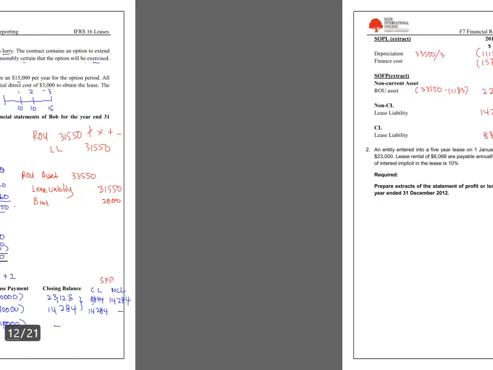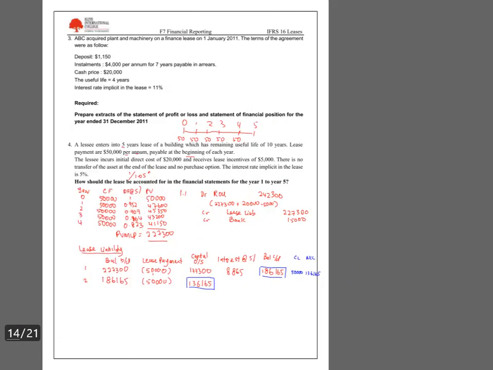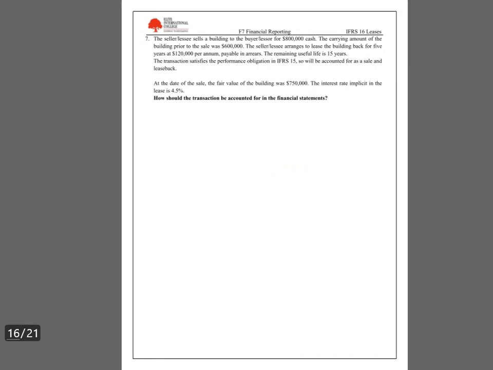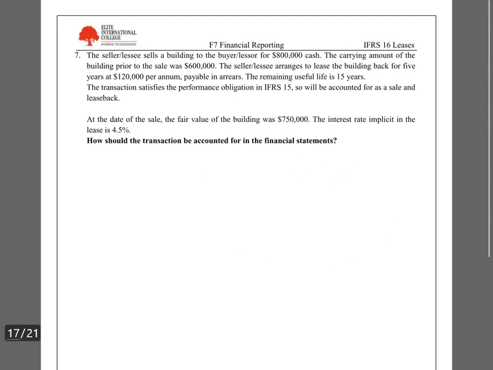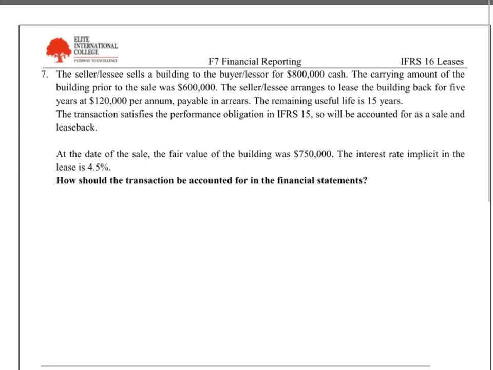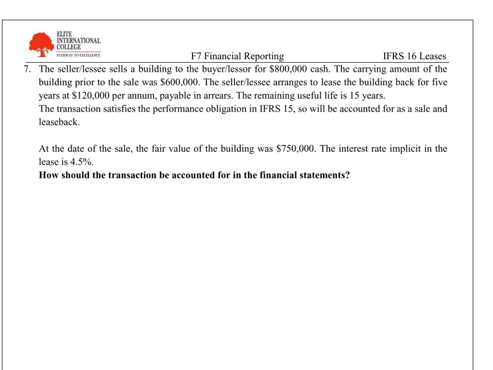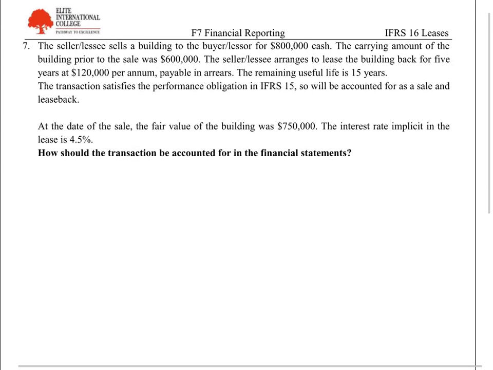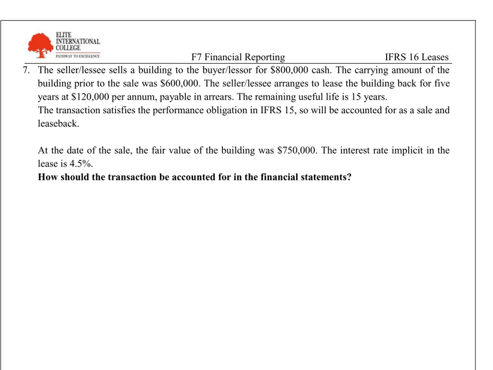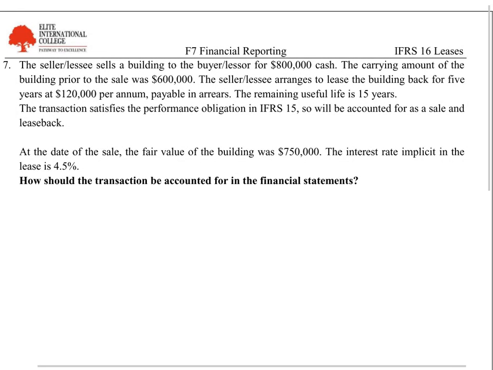So let's try this one. Question 7. Seller sells a building for 8, carrying amount prior is 6.